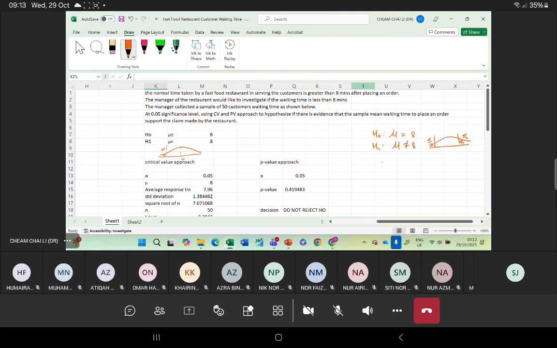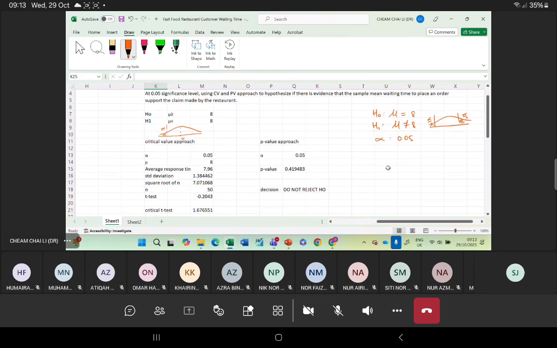Okay, so the first step is to construct the hypothesis, the second step is to look at the significance level. The third step, if you use the critical value, is to compare it versus the test statistic. Say for example, we have calculated the test statistic, and it is negative 0.2043, but you need to calculate your critical value, right? For the critical value, if you have two tails, how was it just now?